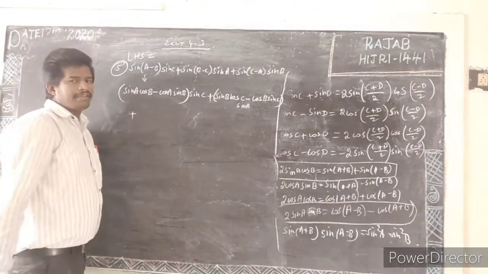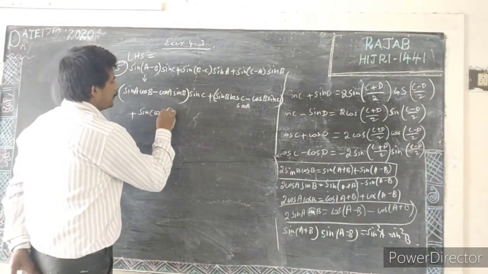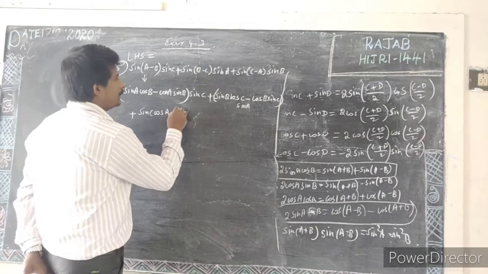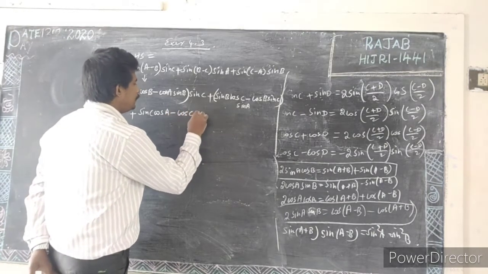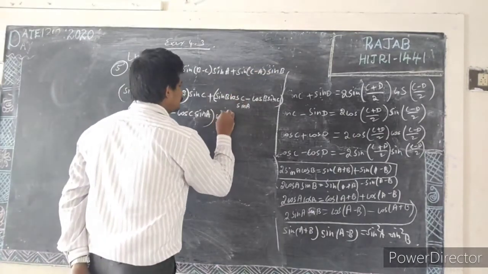Instead of A and B, here we are having C and A. Sin C cos A minus cos C sin A, into sin B.